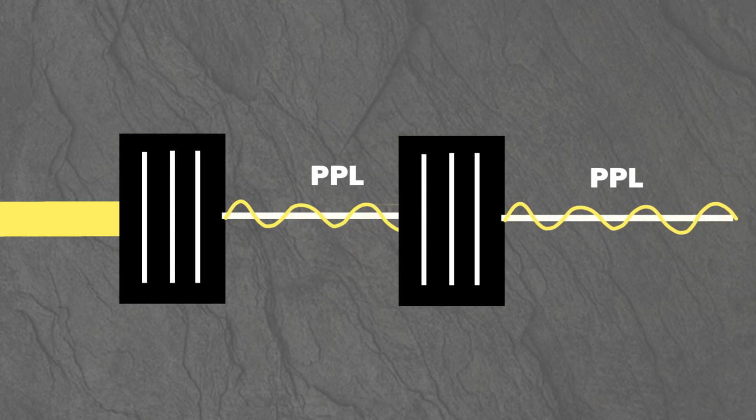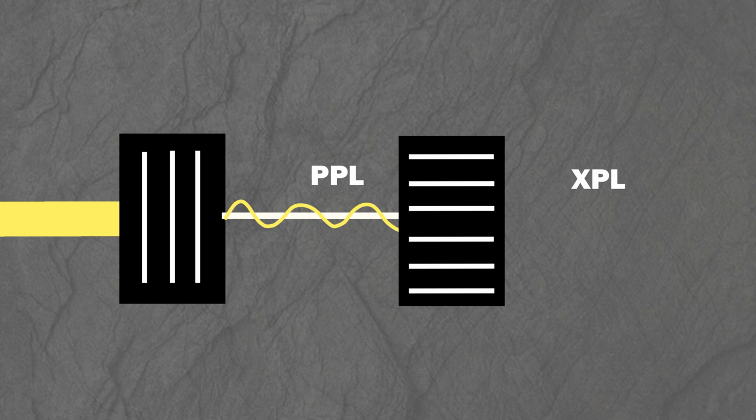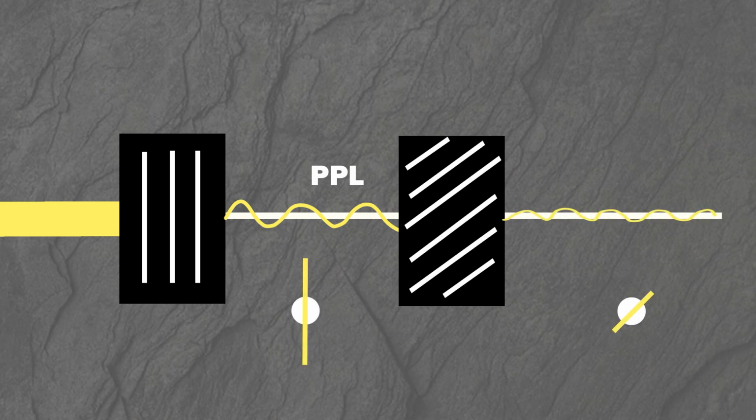When plane polarized light travels through another polarizer, if that polarizer has the same preferred vibration direction, it all passes through. But if the second polarizer's preferred vibration direction is perpendicular to the first, none of that light is let through. And if the second is partially rotated, only part of the light gets through.